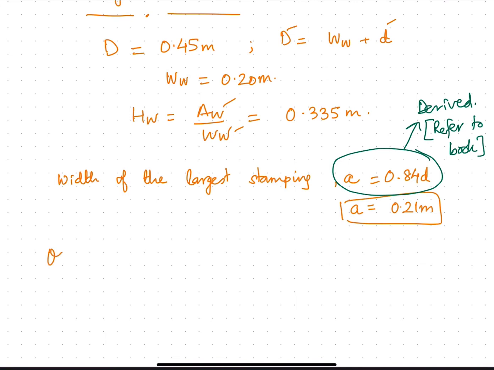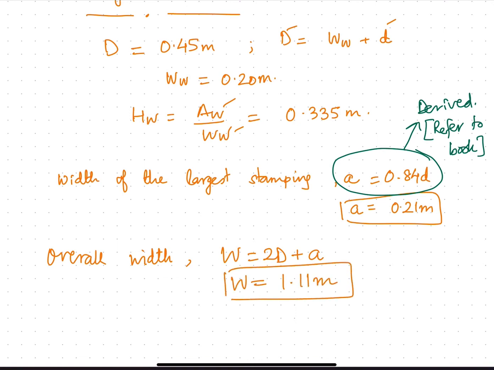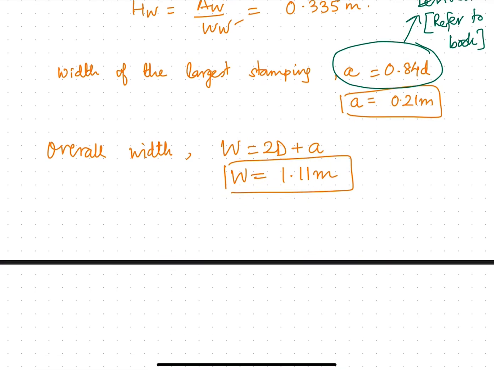Now the overall width of the transformer is W, and it is equal to 2D plus A. So this comes out to be 1.11 meter. The overall height H is equal to HW plus 2HY.